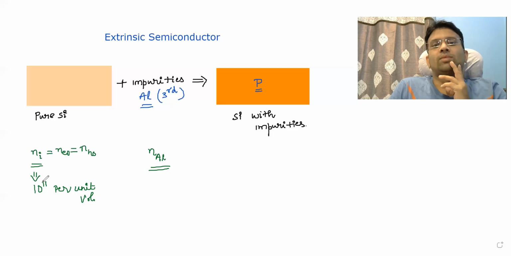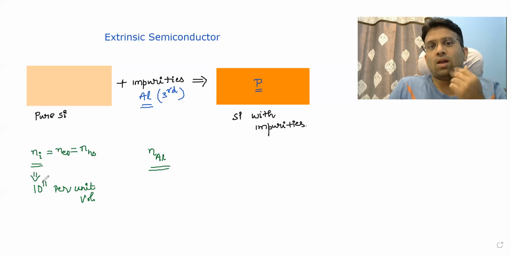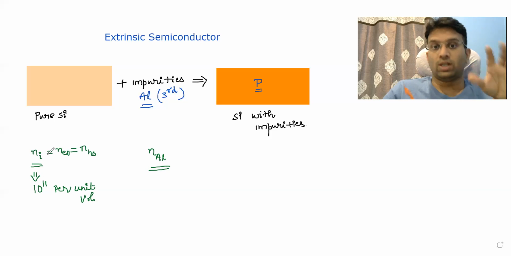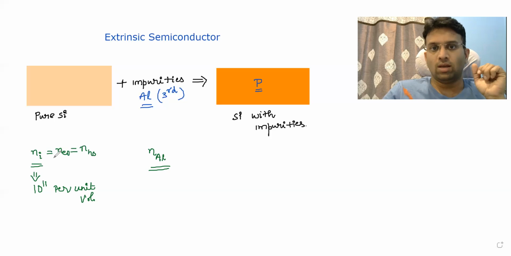And as we discussed in the last video, maybe 1 in a million silicon atoms is replaced by an aluminum atom. So if there are 10 power 23 silicon atoms and for every 10 power 6 silicon atoms we have one aluminum atom, even then per unit volume the number of aluminum atoms will become 10 to the power of 17.